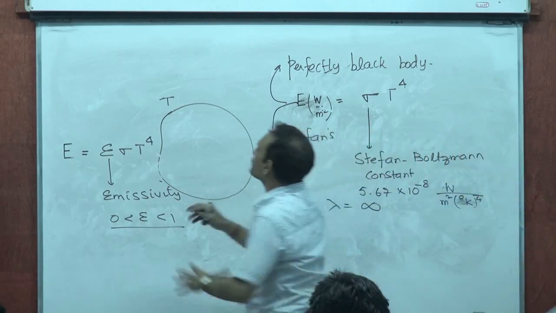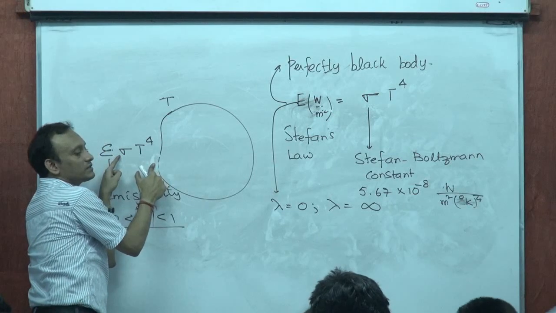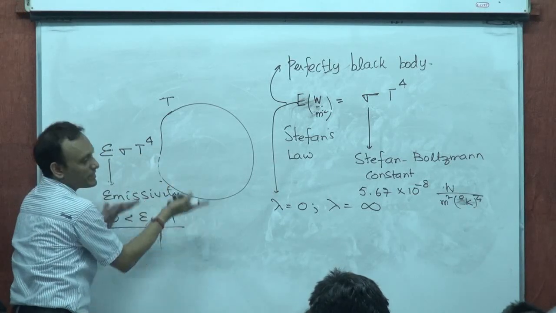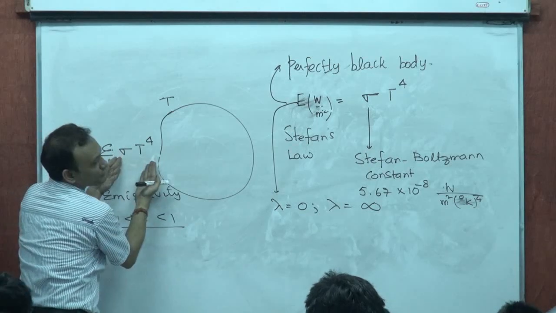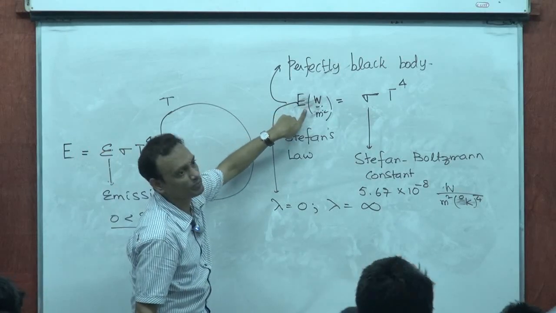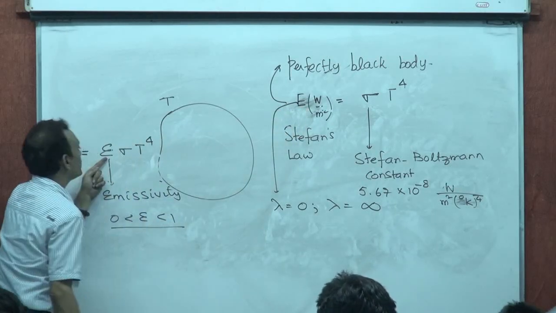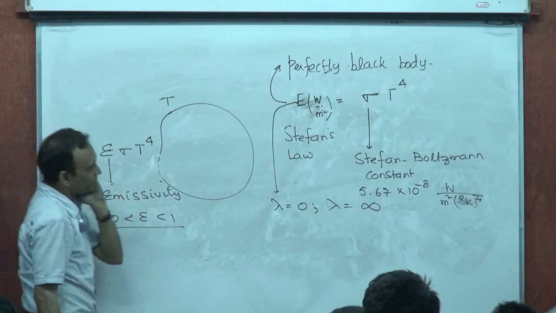Emissivity means what fraction of the perfectly black body signal is being emitted at the same temperature. So if this is 0.5, that means 50% of a perfectly black body is what it emits. For a real body, it's going to be epsilon times what it is for a perfectly black body.